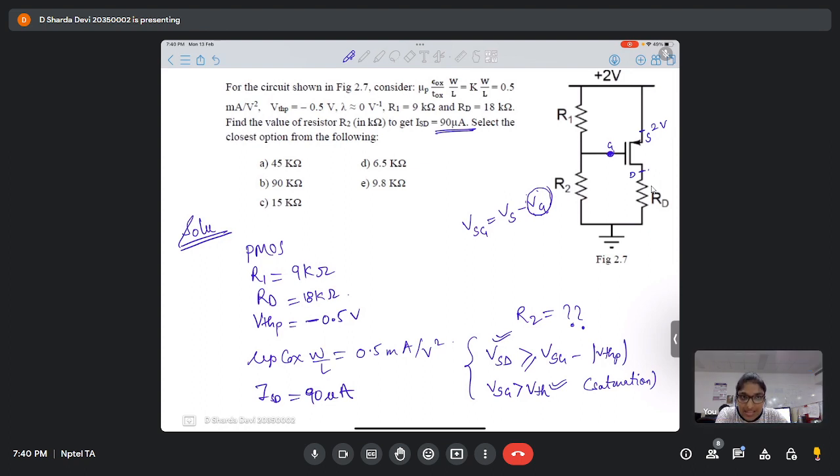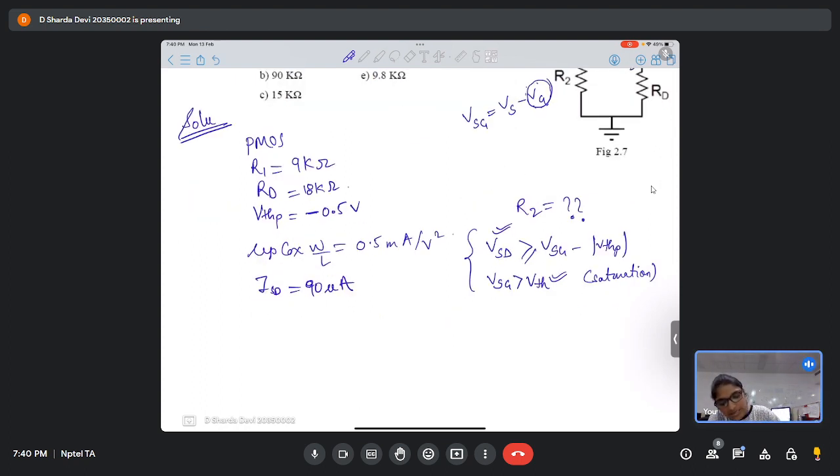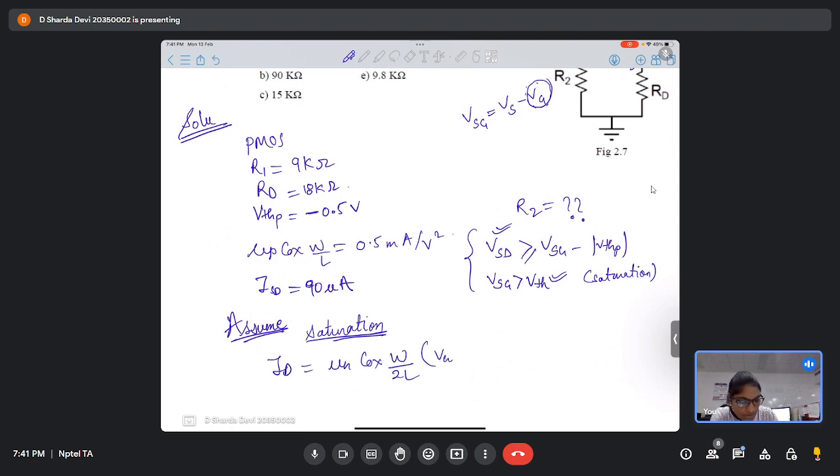We'll assume something. What should we assume? Do you want to assume saturation? Okay, let's assume it to be in saturation. So ID is mu COX W upon 2L times (VSG minus mod VTH) whole square.